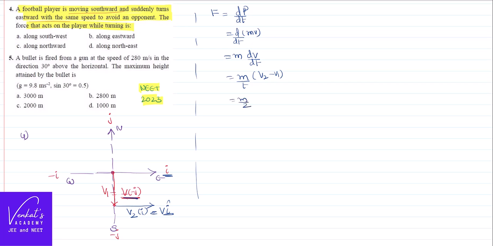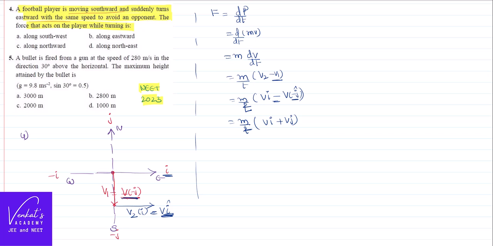That is m by t of v2, here v i cap, minus v1, here v minus j cap. This minus of minus becomes plus. So m by t of v i cap plus v j cap.